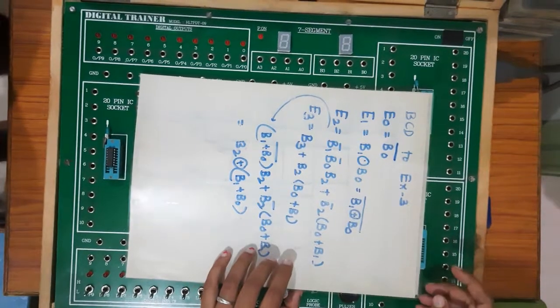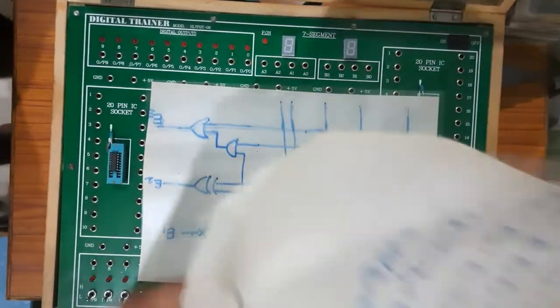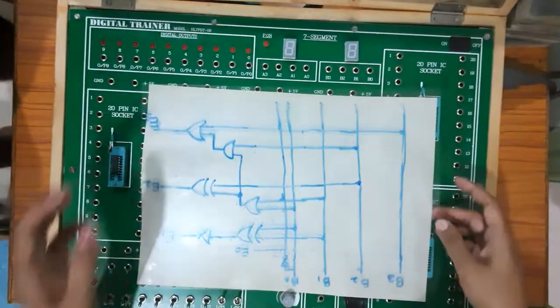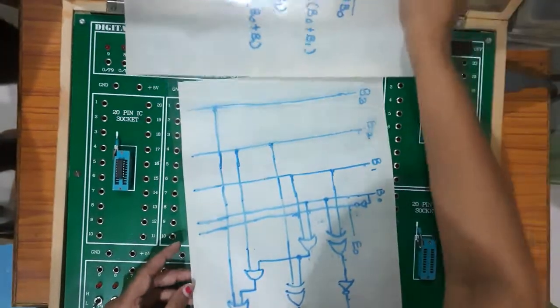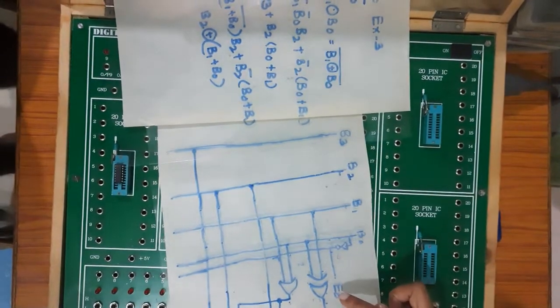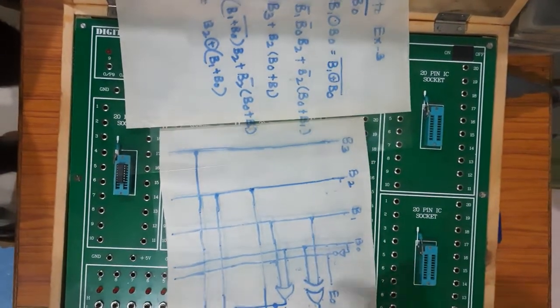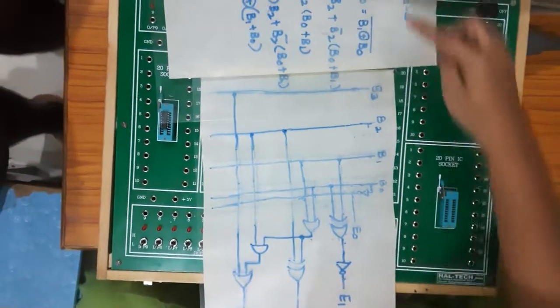Now based on that we know how this can be converted into the circuit. So this is the equivalent circuit for these equations. Okay, so B0, B1, B2, B3 are the input lines, from which I will be getting E0, E1, E2 and E3. So here we can see E0, the first output bit, can be obtained by B0 bar.